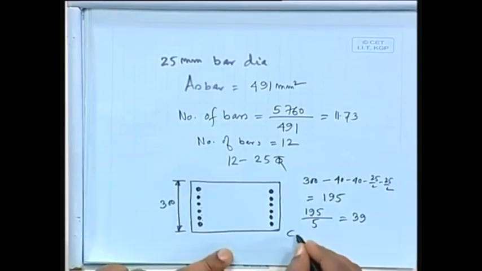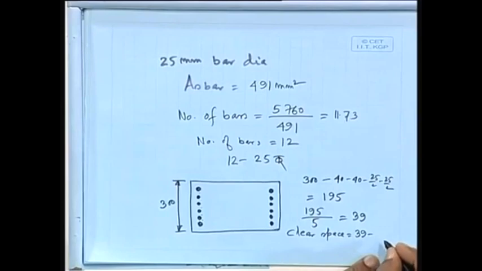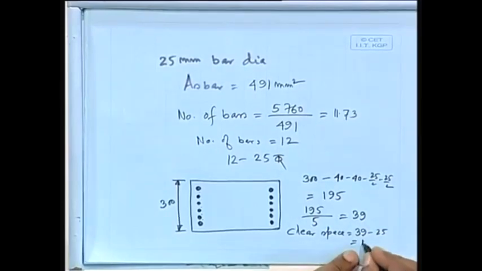So how much will be the clear space then? 39 minus 25 equal to 14 millimeter. So clear space between the two bars, we are getting 14 millimeter.